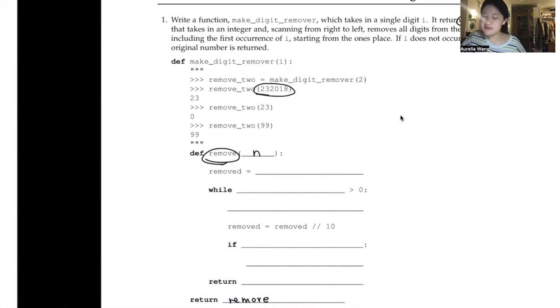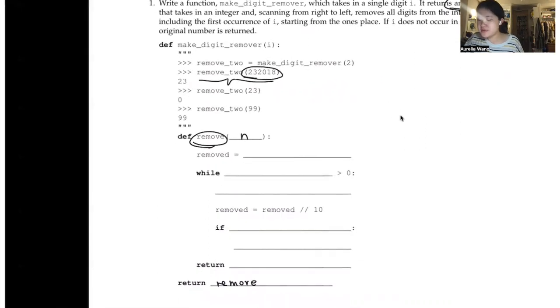So we can just look at this doctest and try to visualize everything. In this case, remove represents remove2, and it takes in another number. And this is where things start to get a little tricky. This already gives us a hint as to what we want to assign the value to.